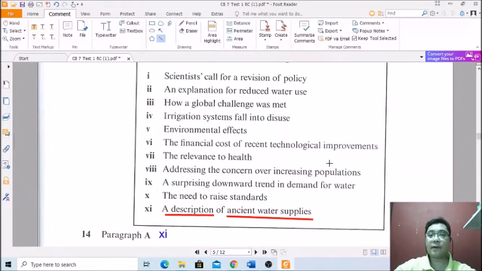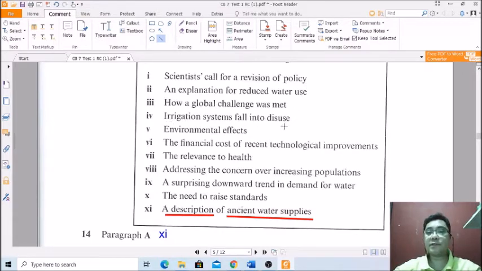Again, you should find the paraphrased sentence or information here. Heading 1, scientists call for a revision of policy. It's not about that. And then an explanation for reduced water use. No, we don't talk about the reduced water use. And then heading 3, how a global challenge was met. We don't talk about a global challenge.